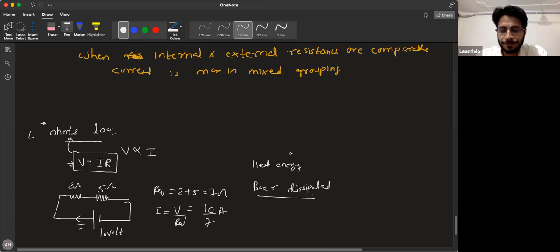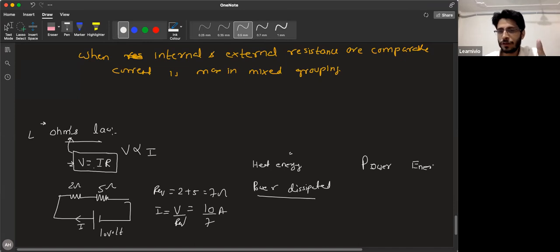You got this thing? Yes, sir. So from where does that heat energy come? The power which is dissipated. Which energy is dissipated as heat? It's electrical energy. Yeah. Part of electrical energy which gets dissipated as heat. Yes, sir. That power, see, what is the relation between power and energy, Kinza?